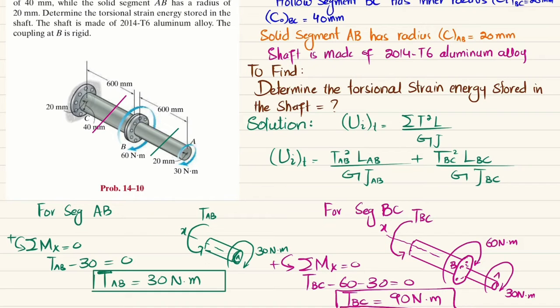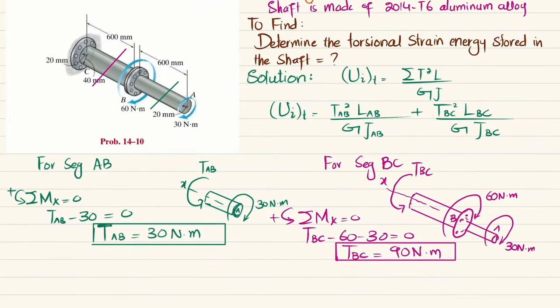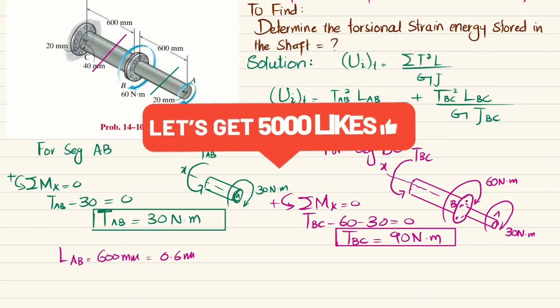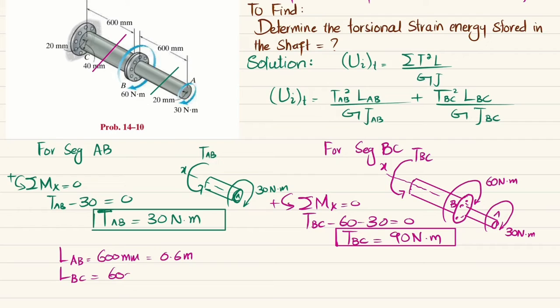Now you have TAB and TBC. Length of AB is given as 600 millimeter, which is equal to 0.6 meter. Length of BC is also again 600 millimeter, that will be equal to 0.6 meter. G, we will find by using the mechanical property table.